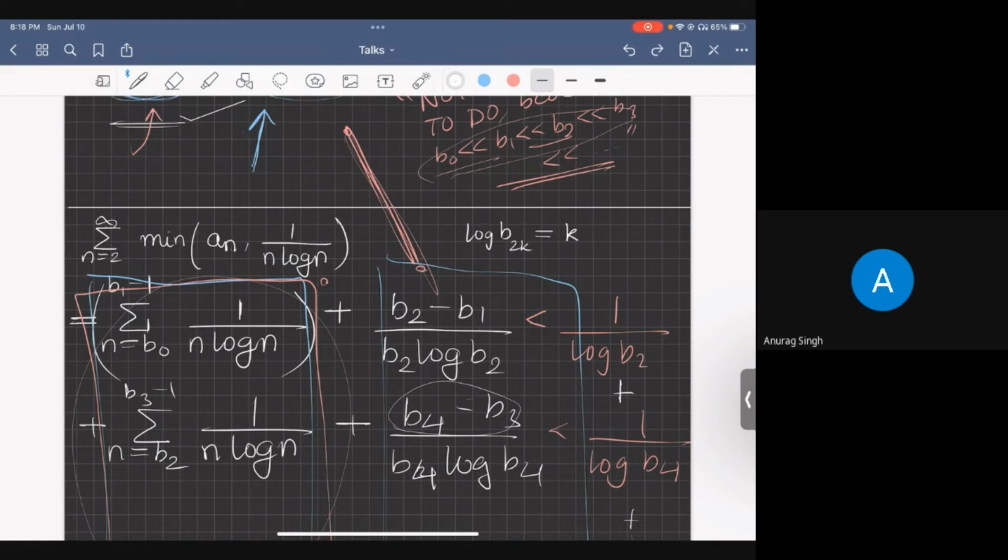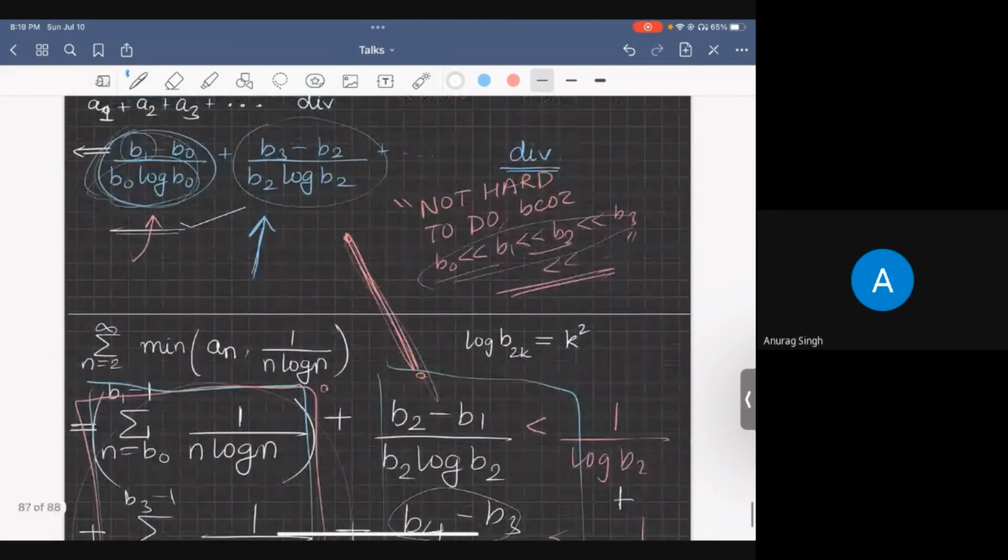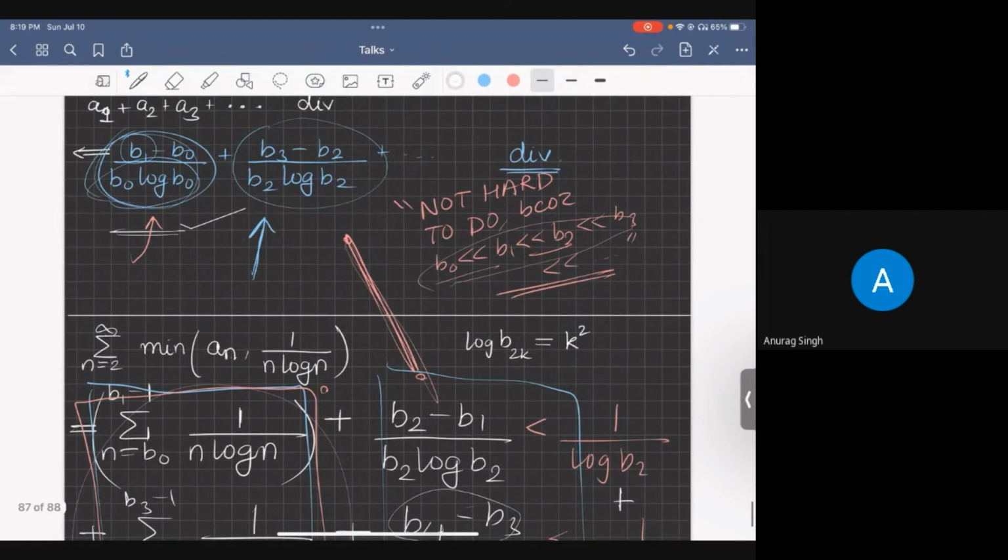If it's something like k square, then this will converge. And if I take that to be k square, maybe it's better to take 2k square. So if b_k is 2 raised to k square, then what is this equal to?